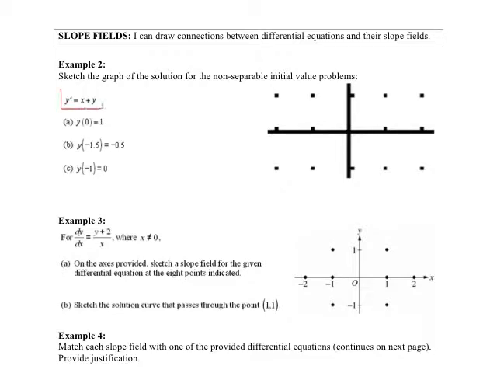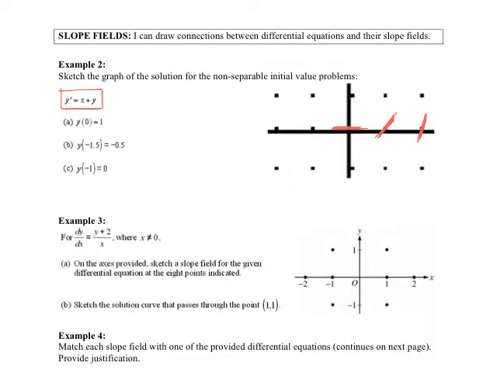They give us the slope equation, dy/dx is equal to x plus y, and we can start plugging values in there. If I plug in (0, 0), I'm going to get a slope of 0. If I plug in (0, 1), I'll get a slope of 1. If I plug in (0, 2), I'm going to get a slope of 2.